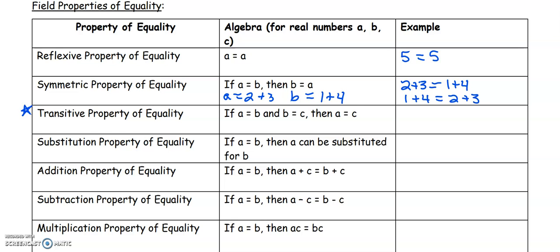Our next one is the transitive property. I'm going to use the same numbers here as replacement values for A, for B, and for C. I'm going to say 5.